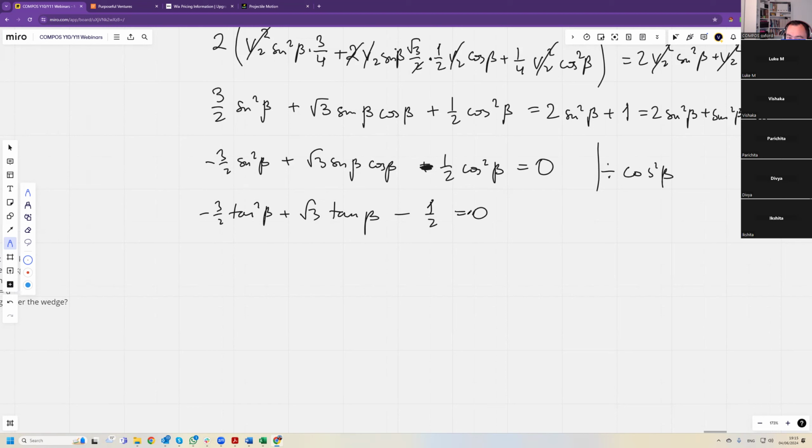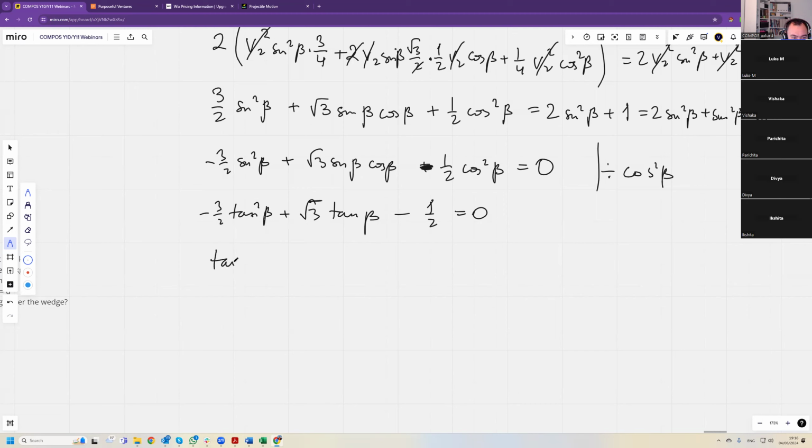What does that look like to you? Quadratic, of course. Now it's a quadratic equation. If you make a substitution, you can do minus 3 over 2. I'm not going to bore you with solving the quadratic.